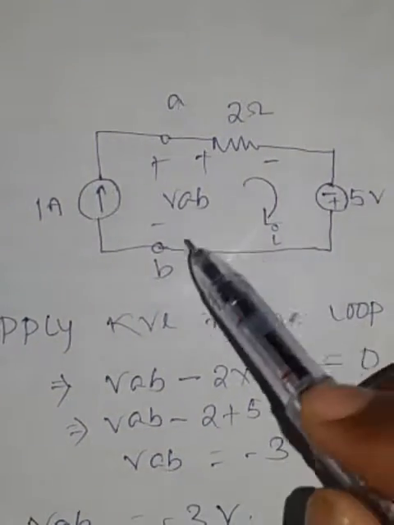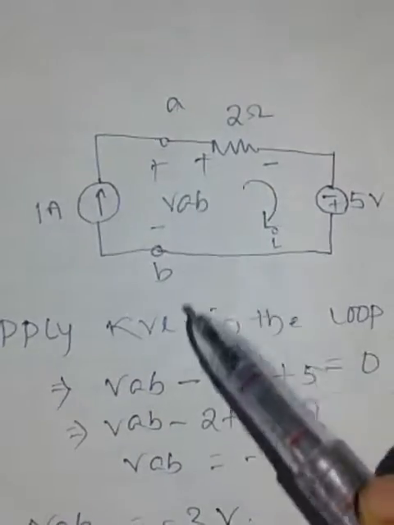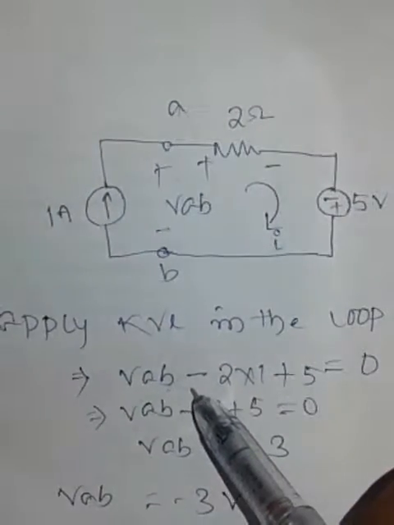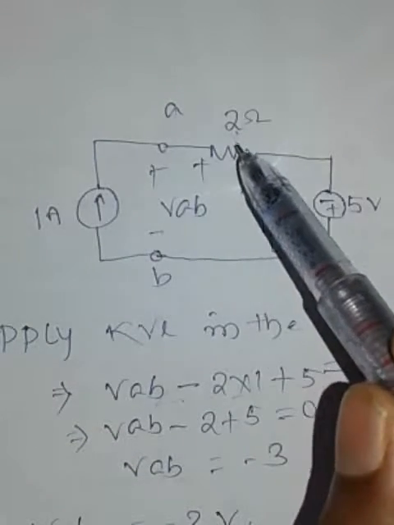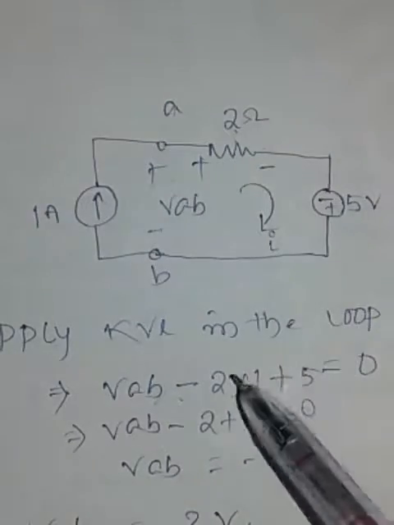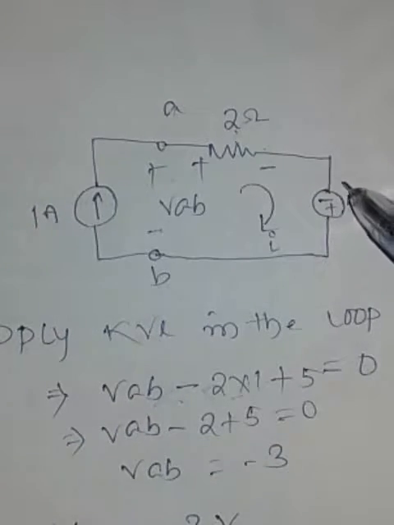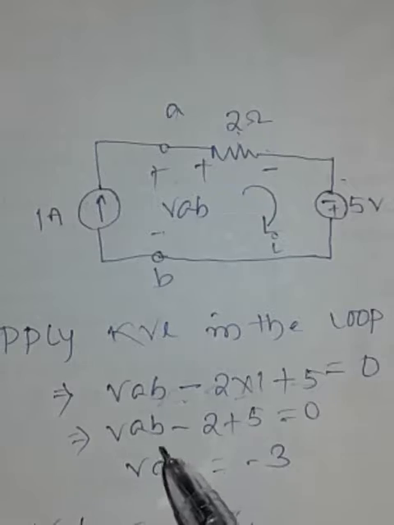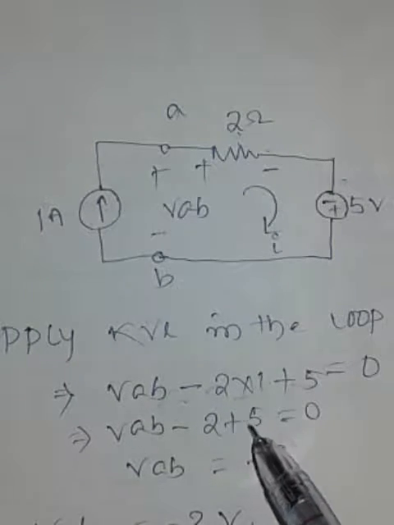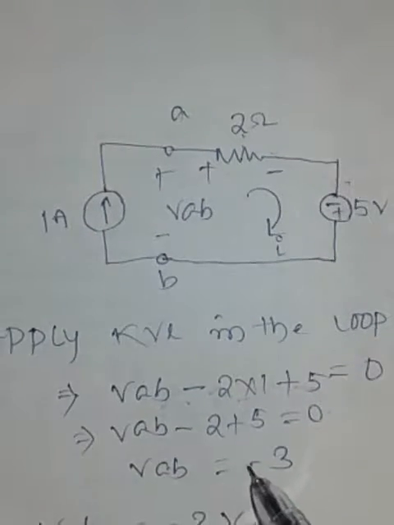So we are applying KVL in this loop. So plus VAB minus this 2 ohm, and 1 ampere is the current flowing through this 2 ohm because they are connected in series. So minus 1 into 2 plus, listen here, this is minus plus, so this will be positive, plus 5 is equal to 0. So VAB minus 2 plus 5 is equal to 0. So VAB is equal to minus 3.